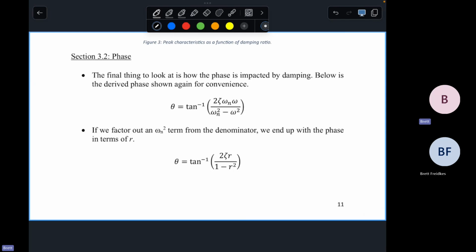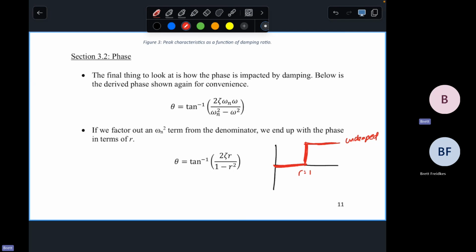Then the phase, when it's undamped, goes from 0, and at R equals 1, it jumps up to 180 degrees. That's because of that negative sign we talked about. This is when it was undamped, zeta 0. As we introduce damping, this behavior still exists, but not as abrupt.